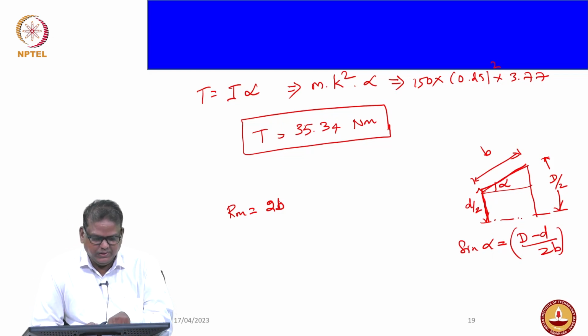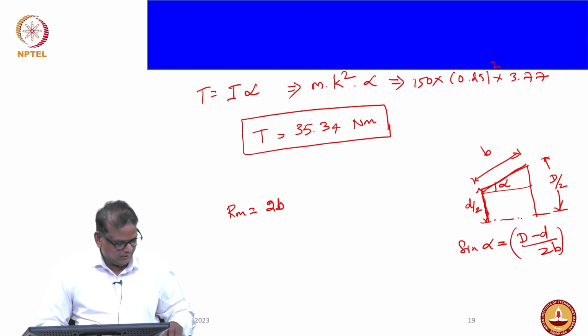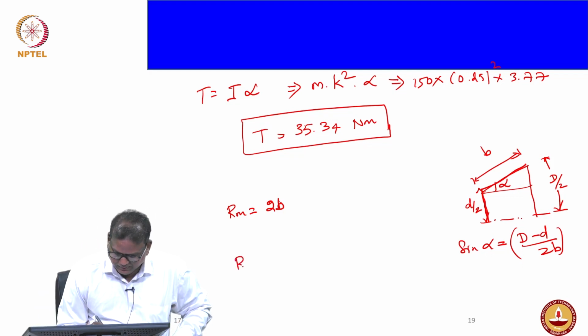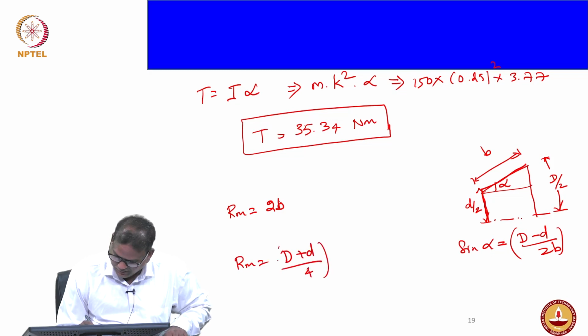Already we know Rm equal to 2b, and Rm is nothing but capital D plus small d, by 4, equal to 2b.